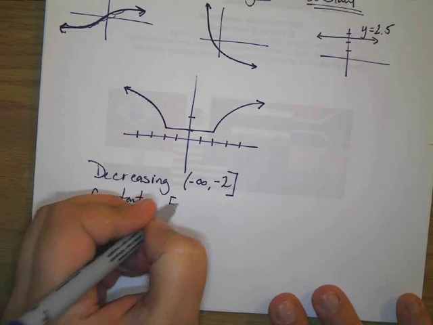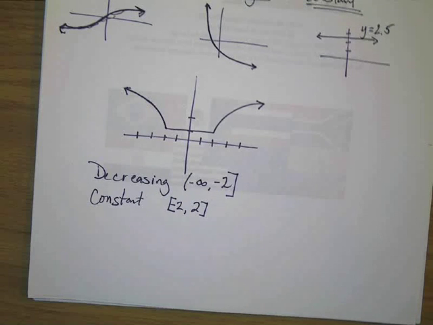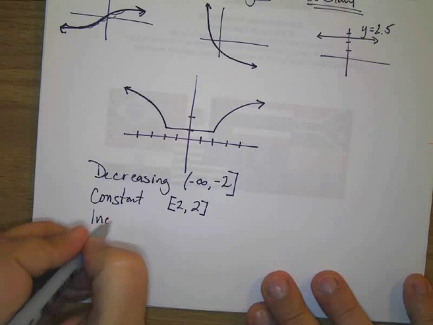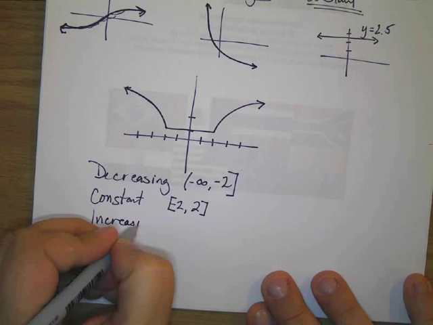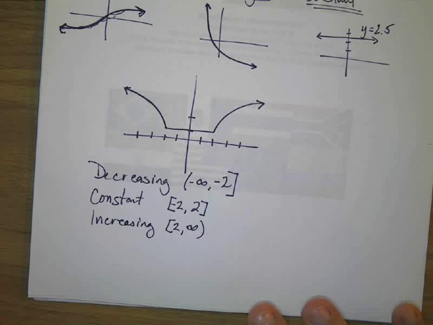And so we're constant from -2 to 2. Now, they're both hard brackets because we don't know who should get the -2. Should it go with the decreasing people or the constant people? We don't know, so we're going to give it to both. And then what happens at 2? So then we're increasing from 2 to infinity.